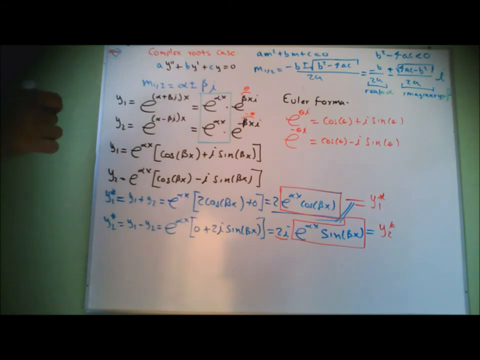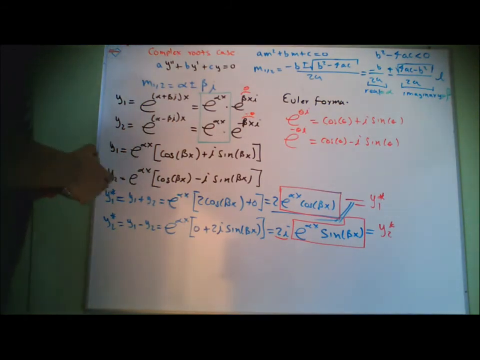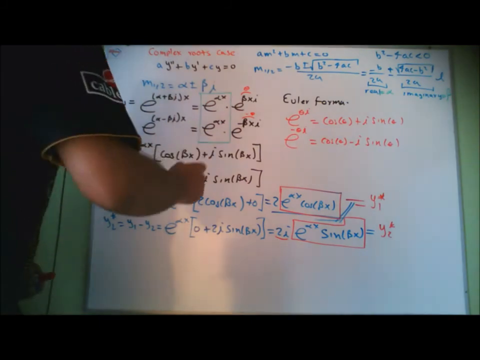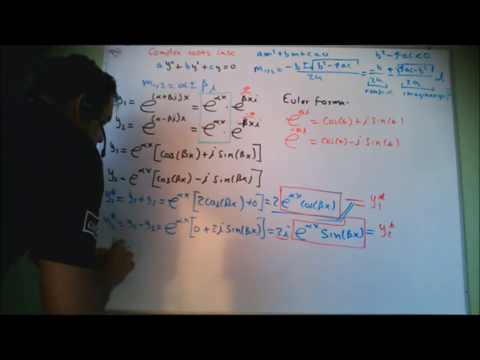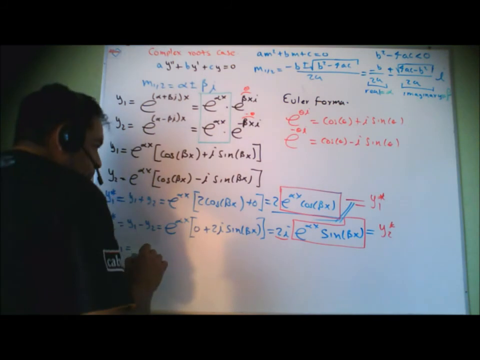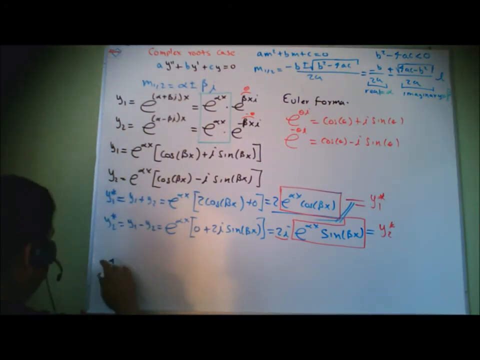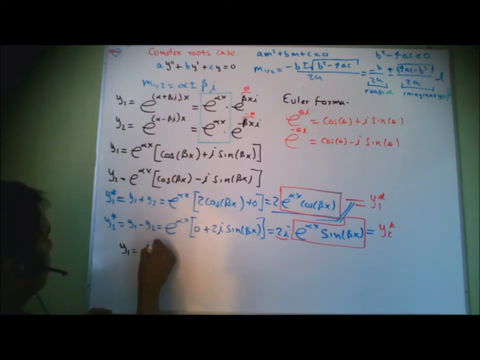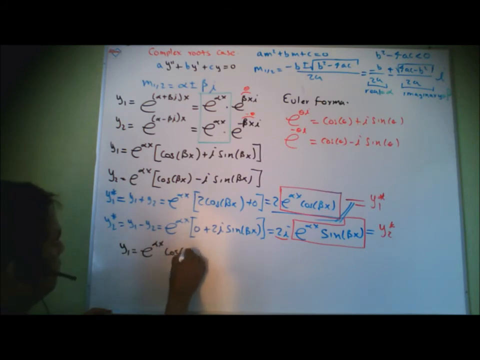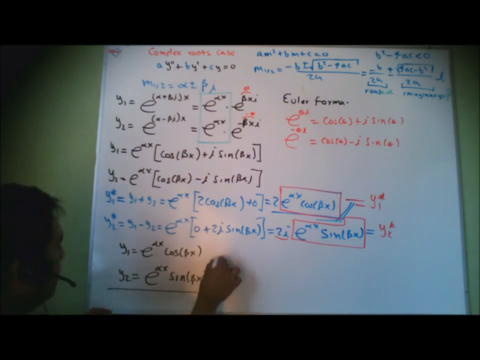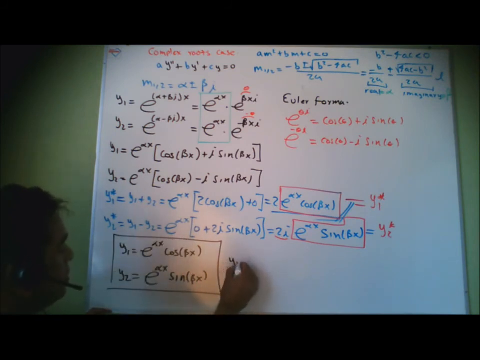All right? So these are the formulas, engineers. My first solution is going to be exponential of alpha x cosine of beta x, and my second solution is going to be exponential of alpha x sine of beta x. So these are the formulas you are going to use, and the homogeneous solution is going to be the linear combination of these two solutions.